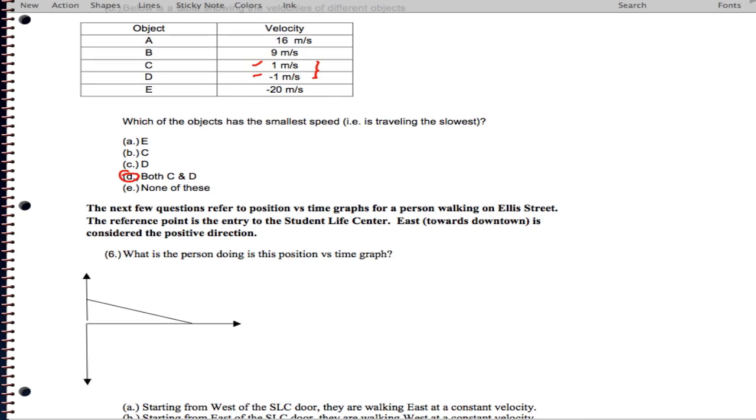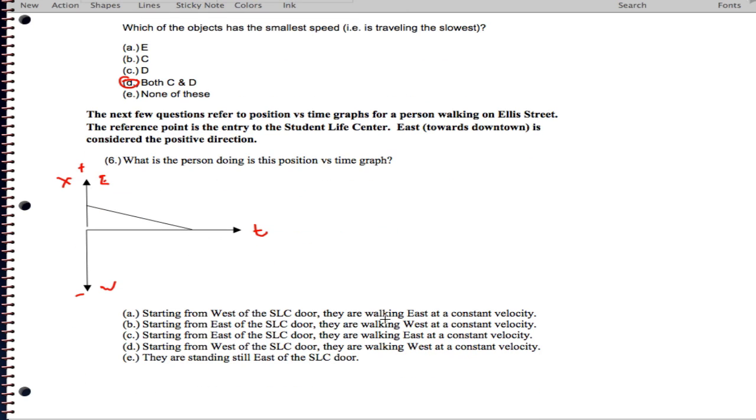Okay. Now, once again, we're saying here east is positive, west is negative, and this is x versus time. So what's the person doing in this graph? They're starting east and walking west because there's a negative slope. We've defined east as positive, so this negative slope means we're moving west, even though we started off in a positive way right there.